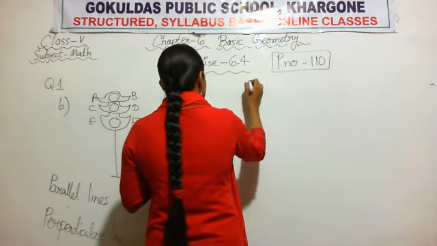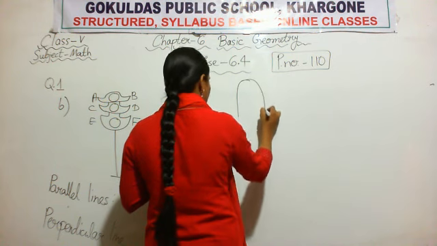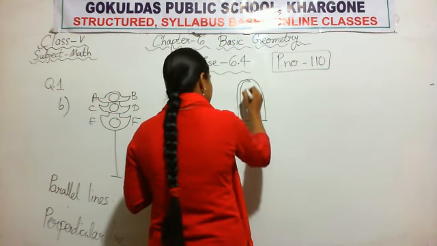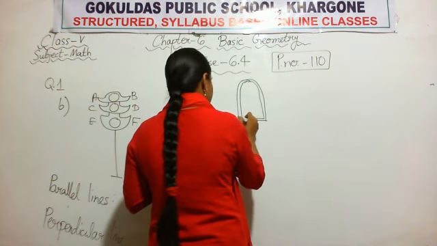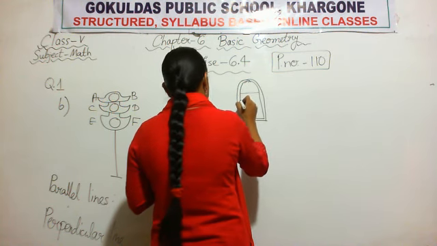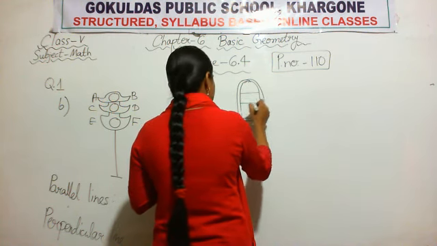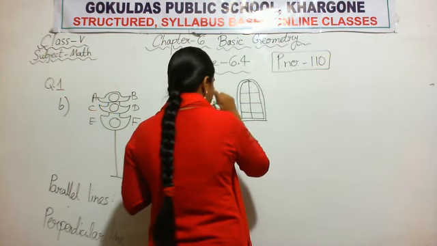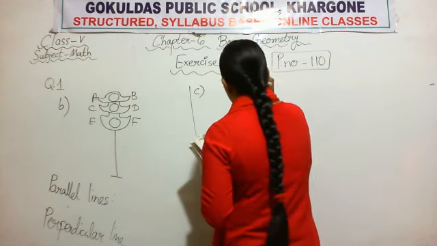The next figure is a window. Identify the perpendicular lines in this figure.